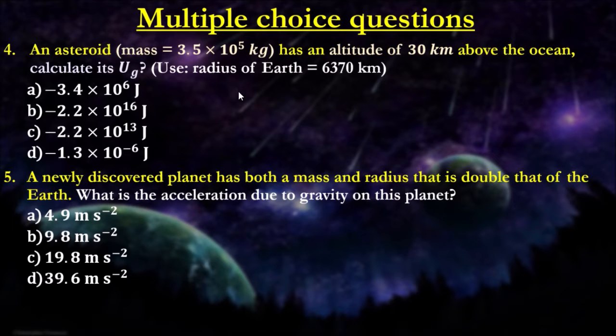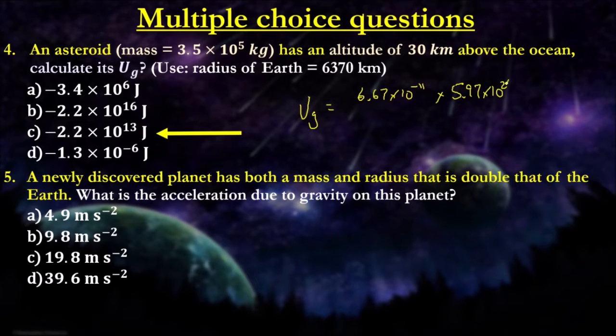Okay, so the answer for 4 is C. And the way you do that is simply do your substitutions. 6.67 times 10 to the power of negative 11 times the mass of the asteroid, times the mass of Earth from the looks of things.